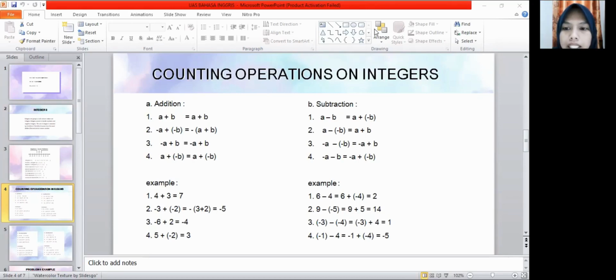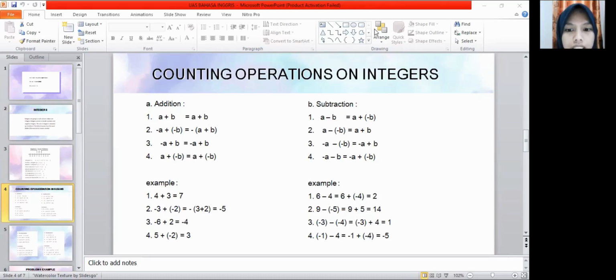For example, number 1, 6 minus 4 equals 6 plus negative 4 equals 2. Number 2, 9 minus negative 5 equals 9 plus 5 equals 14.